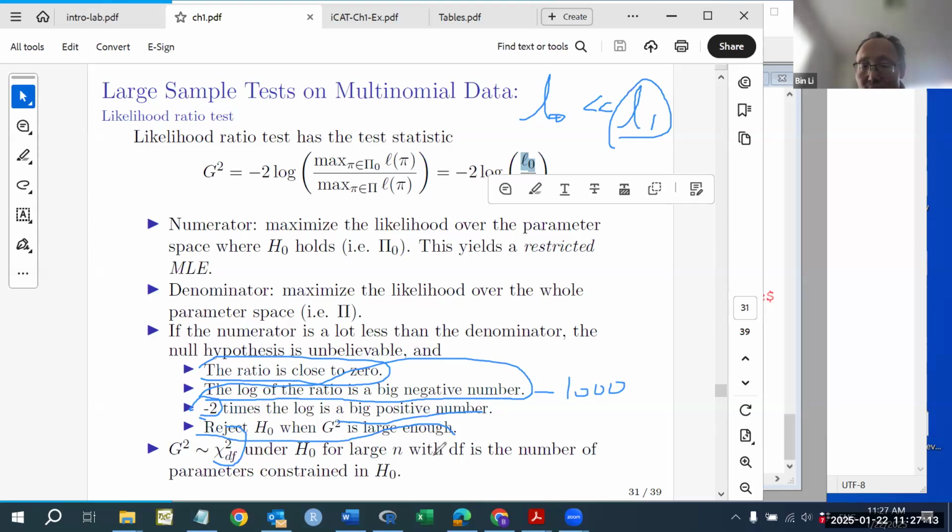But here we can also say it's the number of parameters constrained in the null hypothesis. This is the more general definition, and you will see why in a minute. But most of the time, this one should be C minus 1.